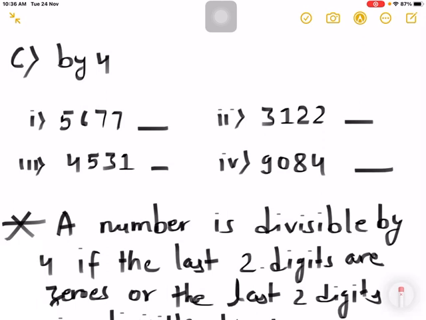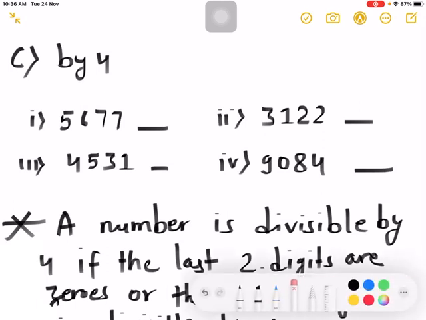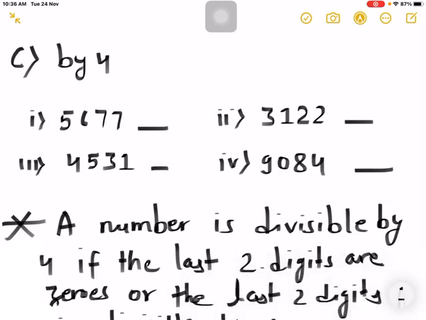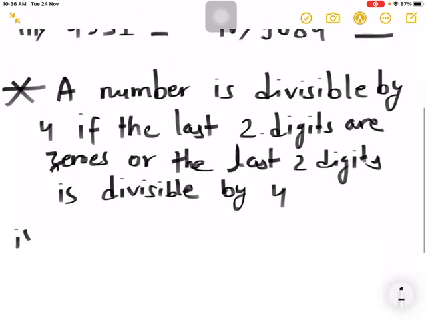So what if you add any digit here? Then let's see. In number 1 we have 5 6 7 7, isn't it? Now we have to add any digit here, but remember the last two digits must be divisible by 4, okay.